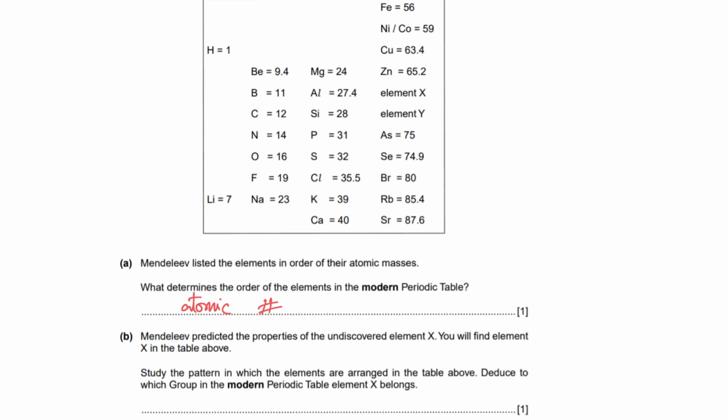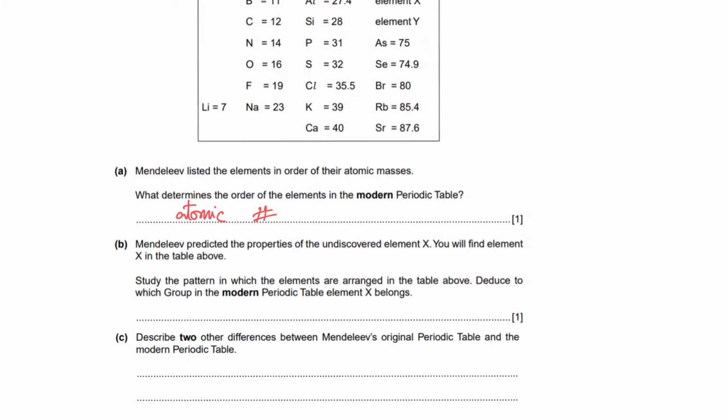Arsenic is 74.9, which we already have. So we can say it is gallium, and gallium is in group number 3. We are not required to give the name of gallium. We just have to mention the group number. So read the question carefully to understand its requirement.